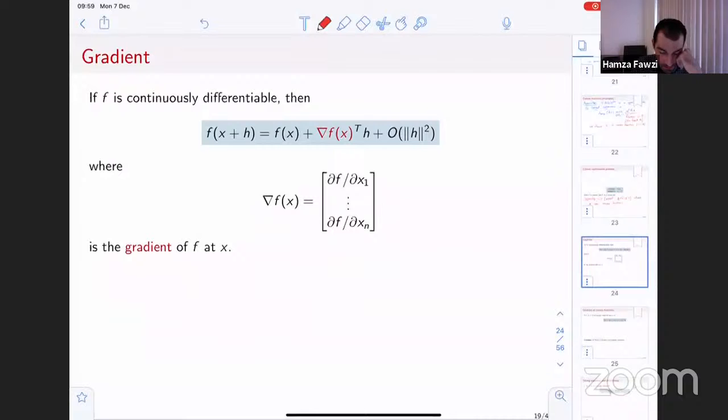I can write f of x plus h, where h is a small perturbation, as f of x plus the inner product of the gradient of f of x with h, plus something that is big O of norm of h squared. And here, the gradient of f is the vector of partial derivatives.